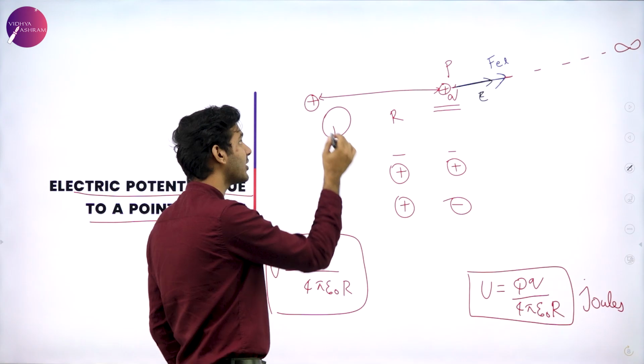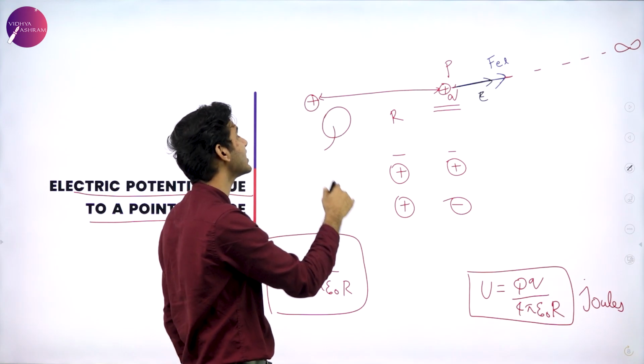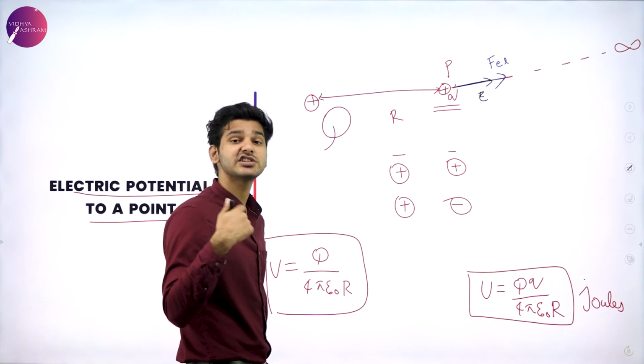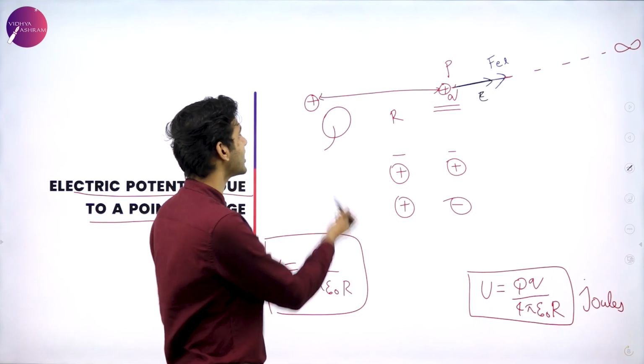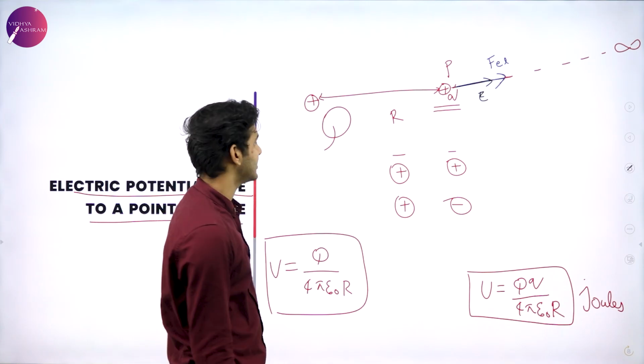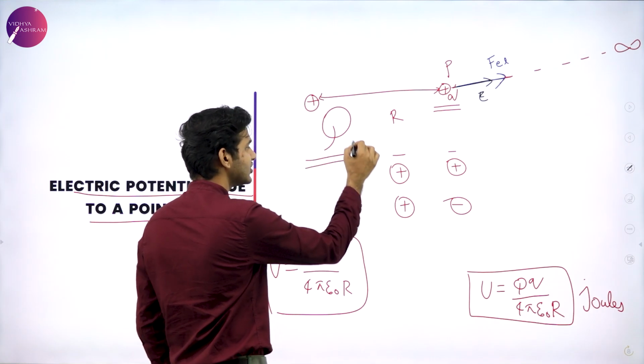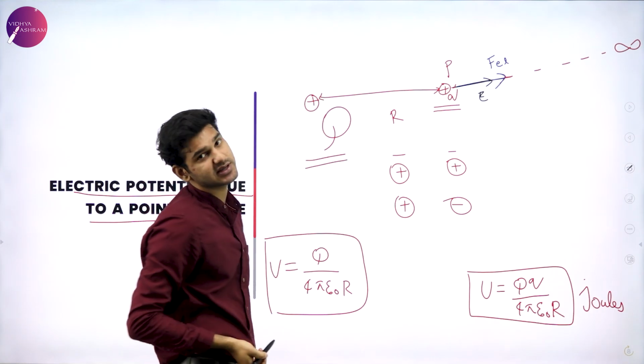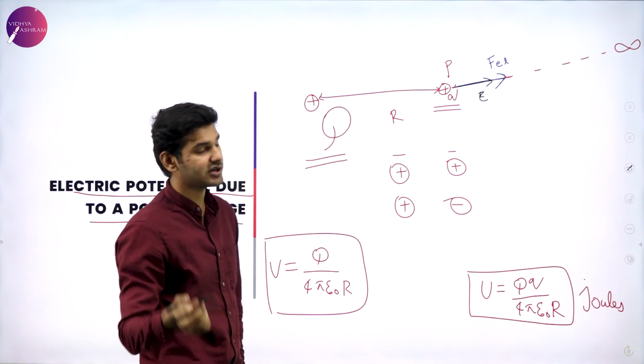If the potential is positive, then the particle was positive in nature, and if the potential is negative, then the particle was negative in nature. So for this particular charge, we can say it has a positive potential. This was a negative charge, so it has a negative potential.